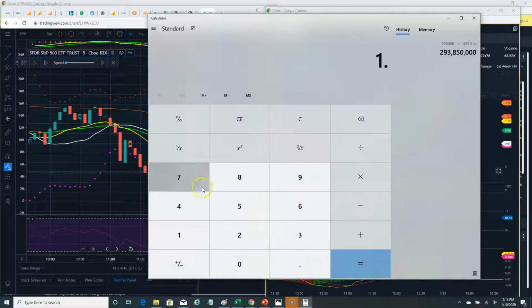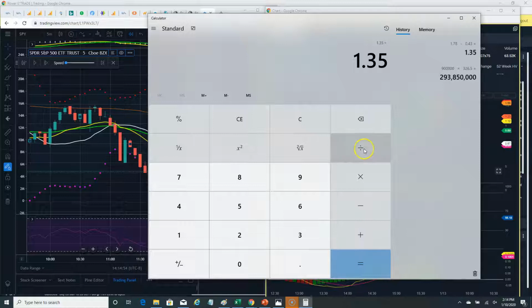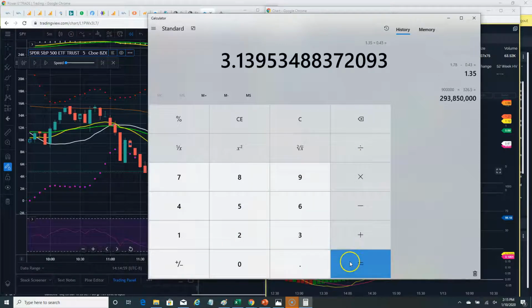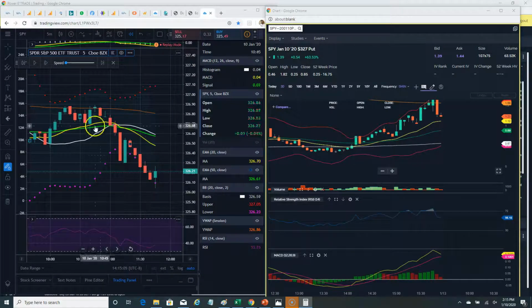So 178 minus 0.43, I want to compute the percentage divided by 0.43 so that you guys can see. So this is over 300% gain for just this move of SPY here.